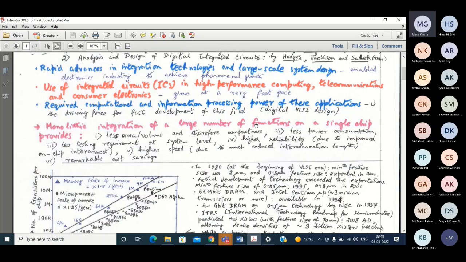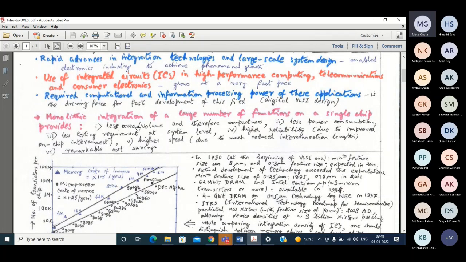Now, you know from your several classes that we nowadays talk about SSI, small scale integration, medium scale integration, and LSI, large scale integration. That means we are now able to accommodate billions of transistors over a single silicon wafer. That is possible, and the benefit is that it gives you less area or volume, and therefore compactness.